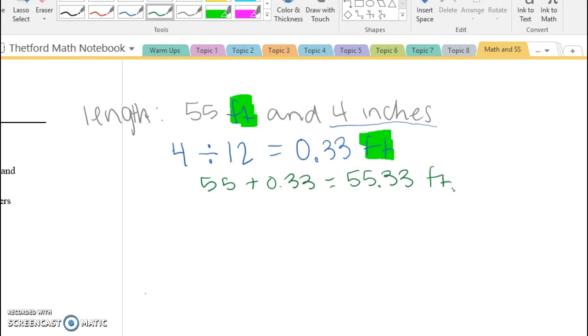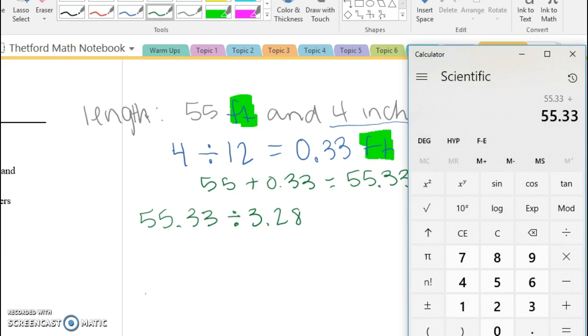Now we have to convert it into meters. So there are 3.28 feet in 1 meter. Similar to what we just did up here, we're going to take this new number, 55.33, and divide that by however many feet there are in 1 meter, which is 3.28 feet.